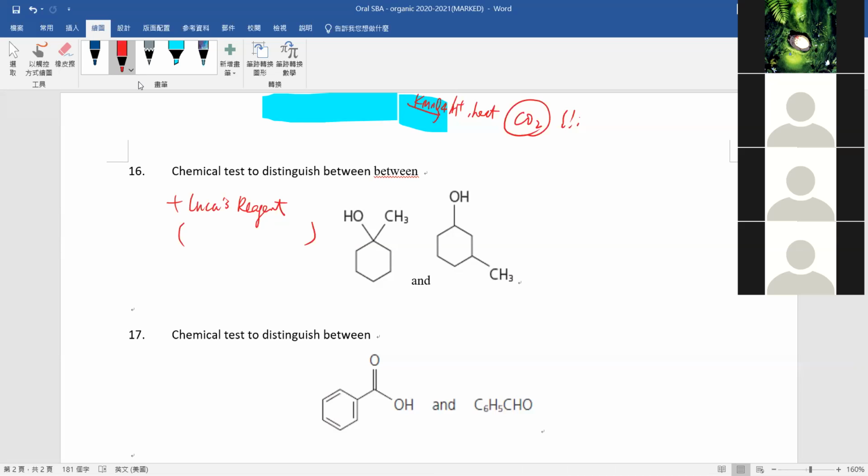Anhydrous zinc chloride, ZnCl2. What is that? Okay, anhydrous zinc chloride in conc. HCl. And observation, please.